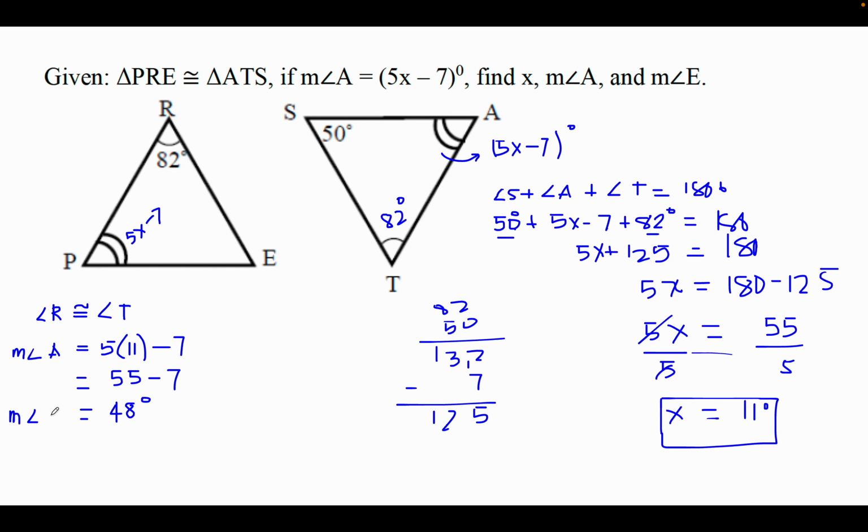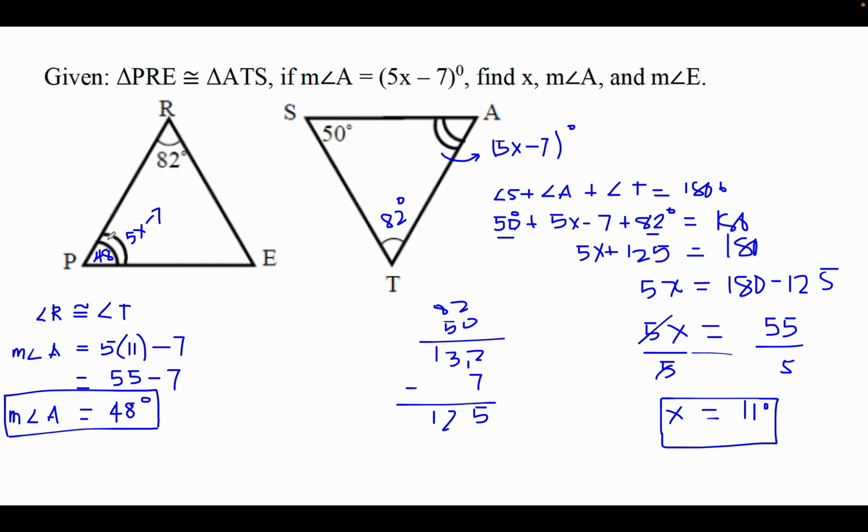Am I correct? Is it 48 degrees? Yes po, sir. Okay. So if angle A is 48 degrees and angle A is congruent to angle P, what is the measure of angle P? 48 degrees din, sir. Yes, 48 degrees din siya.